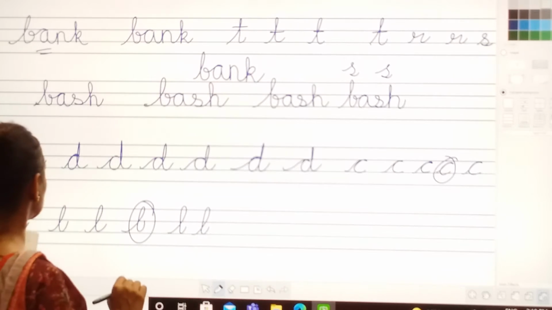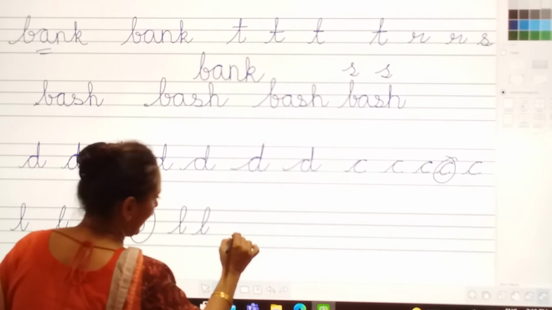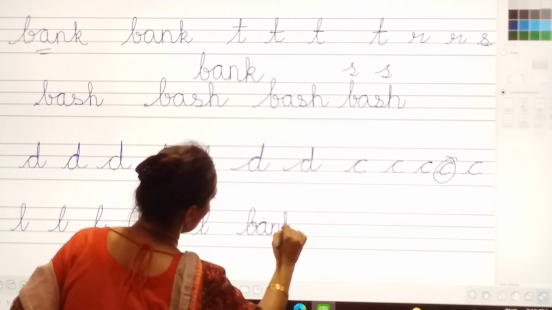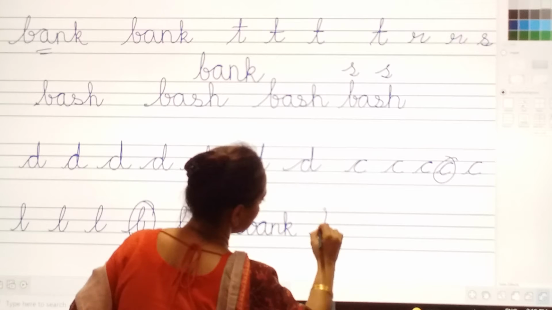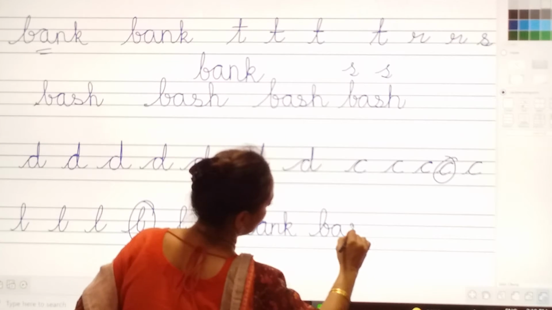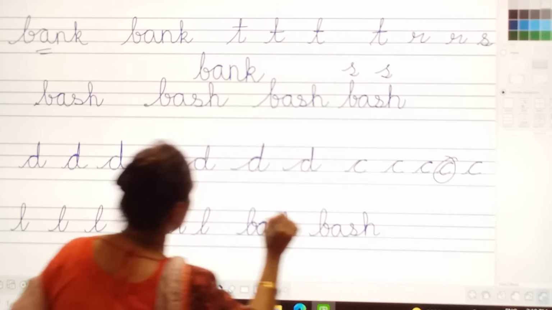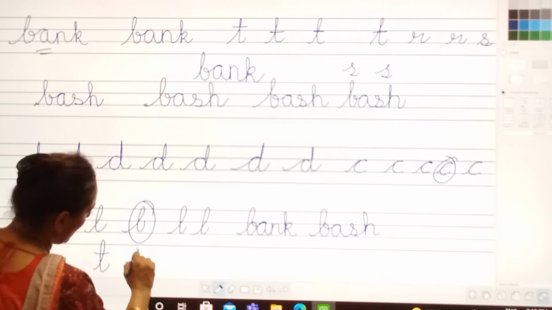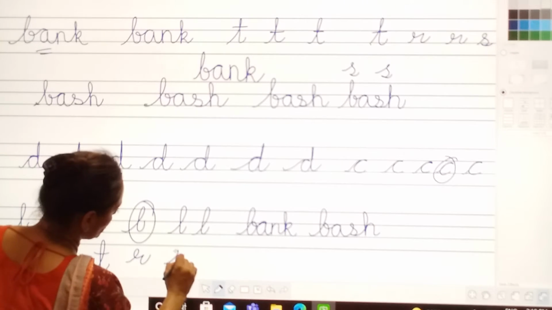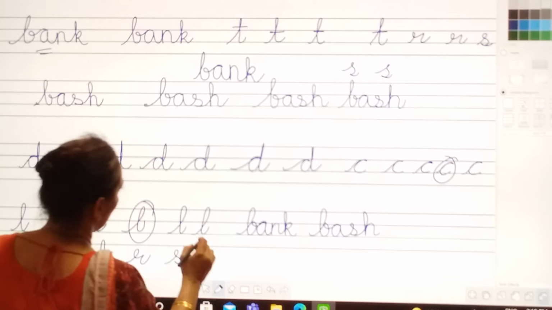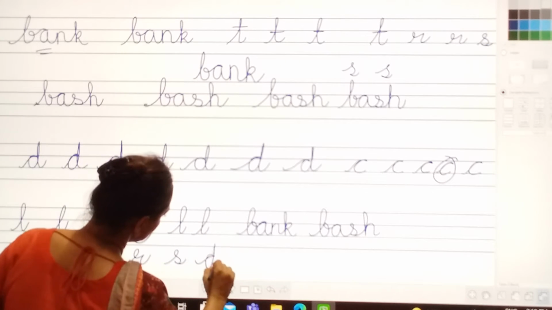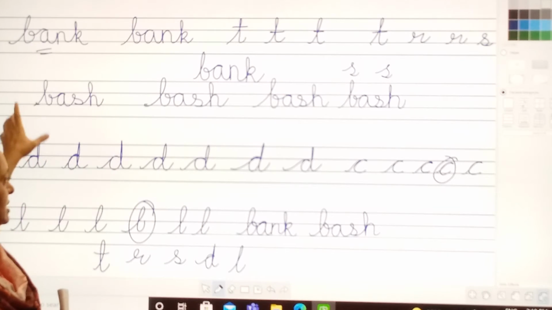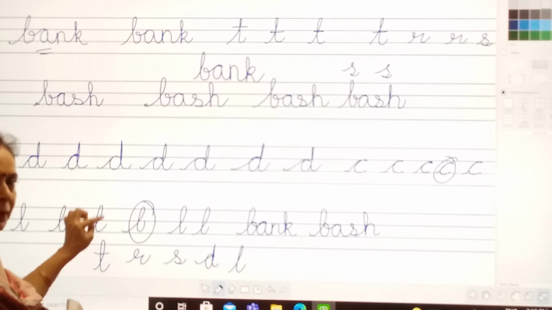Okay, so my dear students, today we have learned bank on page number 12, bank, bash, 2 spellings, and we have also learned T, R for rat, S for shoe or sun, and D for dog, and L for lion. So today we have done these things in page number 12.